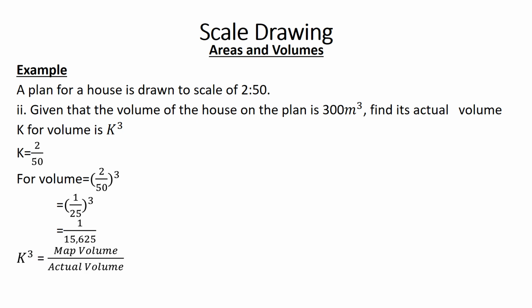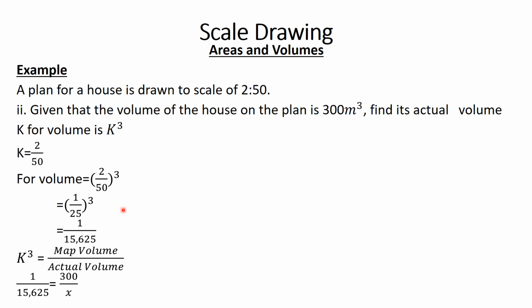So remember, K power 3 is map volume over actual volume. What's the map volume? The map volume is 300 meter cubed. The actual volume is the one we're looking for. Then K power 3 is 1 over 15,625.